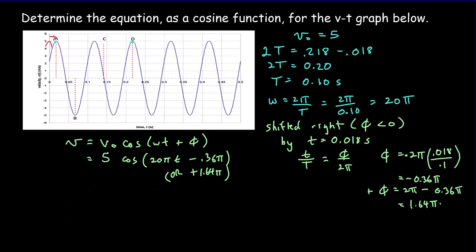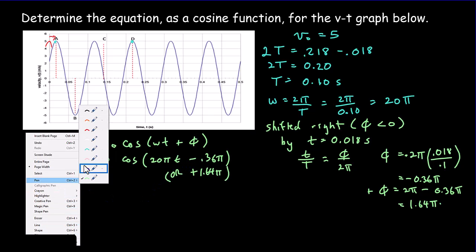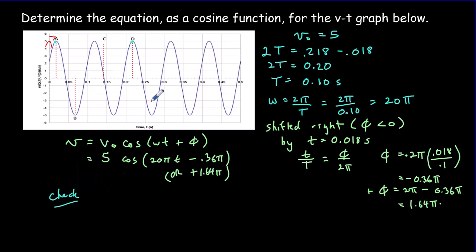And you might want to check that answer out. So for instance, if I take, say, my time equal to 0.25, then my velocity should be somewhere around negative 2.1, negative 2.2.